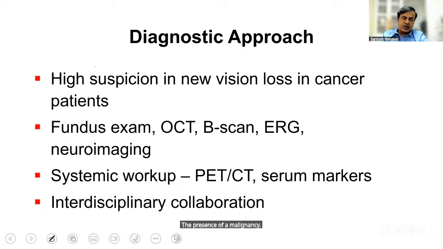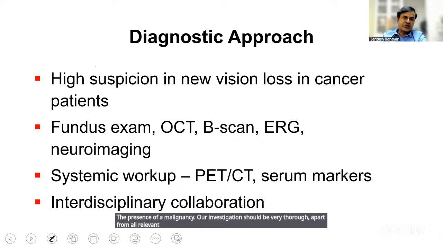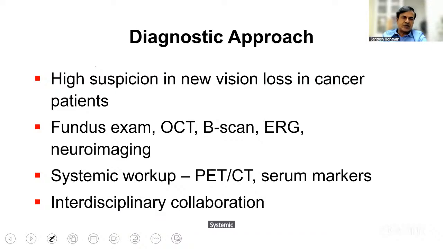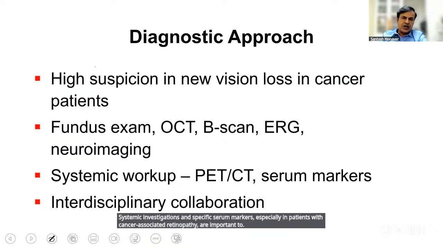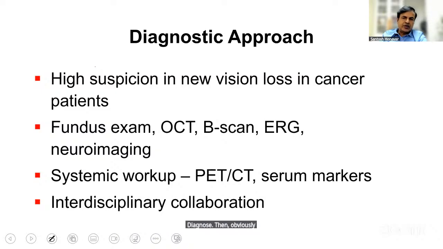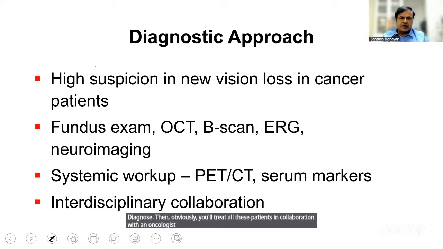So your investigation should be very thorough, apart from all relevant ophthalmic investigations, systemic investigations, and specific serum markers, especially in patients with cancer-associated retinopathy, are important to diagnose. Then obviously you will treat all these patients in collaboration with an oncologist as appropriate. Thank you so much.